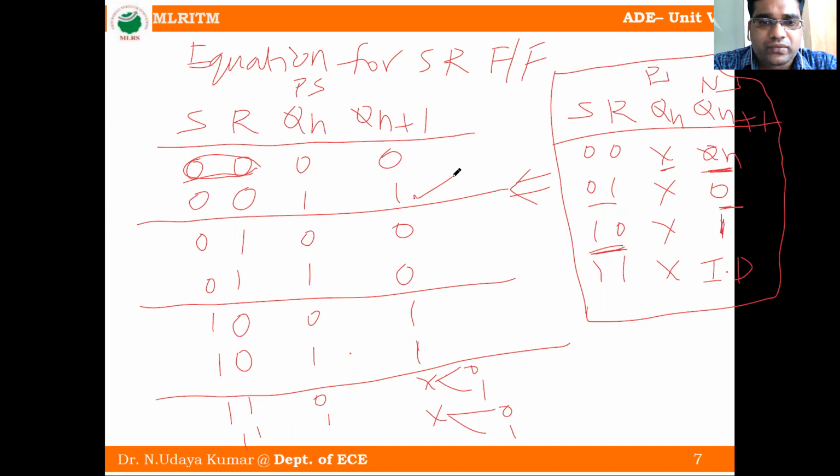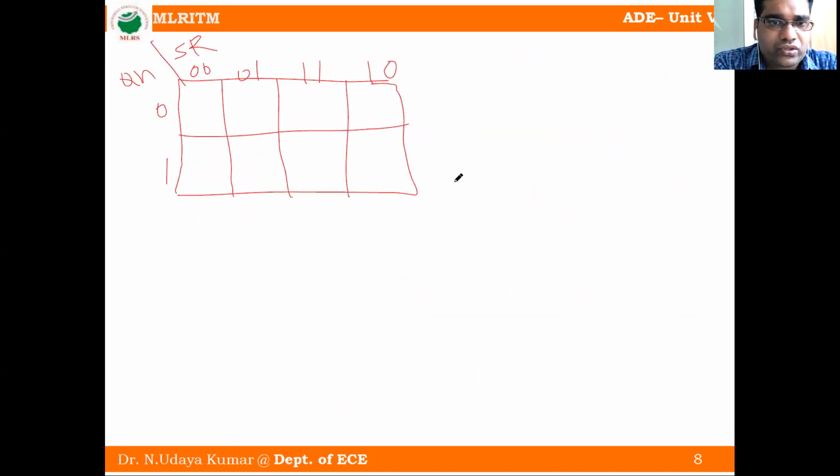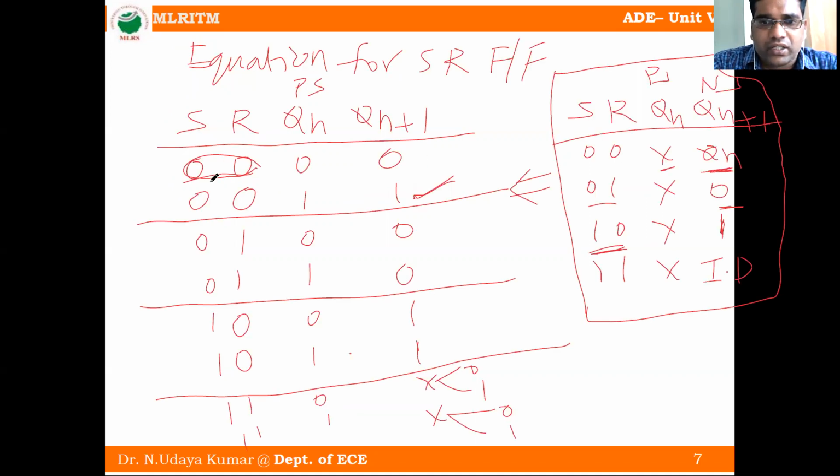Which term is this one? For SR equal to 0 0 and Qn equal to 1, this is the case. Next, this one: SR equal to 0 1 and Qn equal to 0.